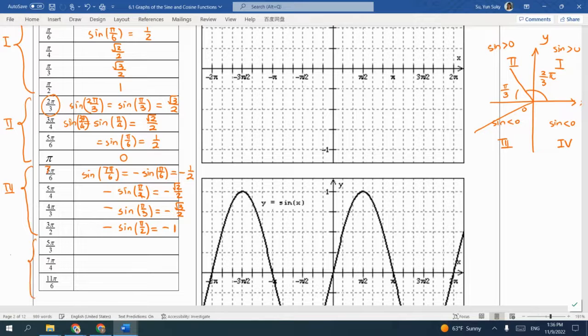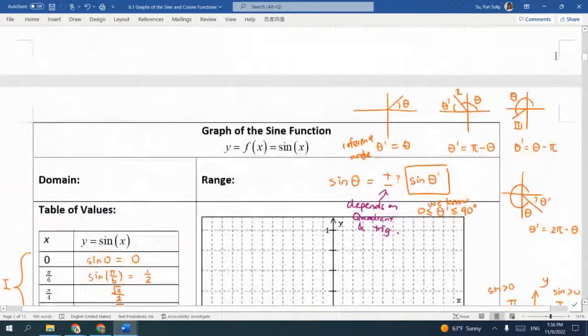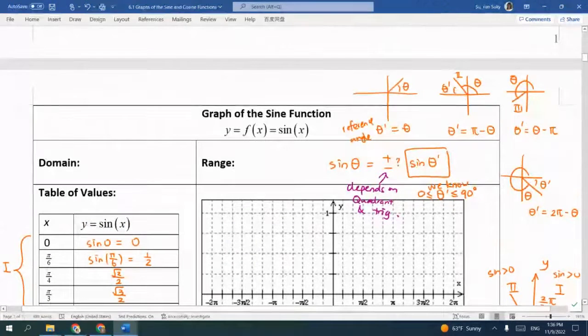Okay, and then next, quadrant 4. Is sine in quadrant 4 positive or negative? It's negative, yes. Okay, what's the reference angle here? In quadrant 4, the reference angle is 2 pi minus theta.